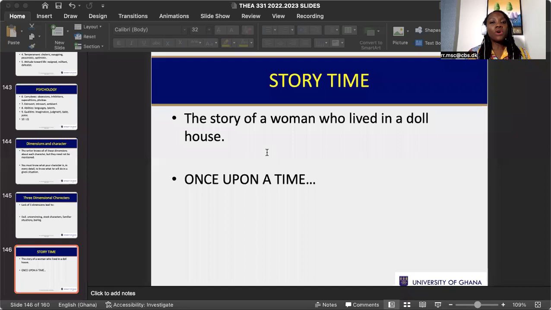Then Nora reveals a secret about how she borrowed money to save her husband's life 8 years ago and has been scraping and working odd jobs to pay off the debt without the knowledge of her husband. Mrs. Lind is very surprised that Nora has had to bear such a burden.